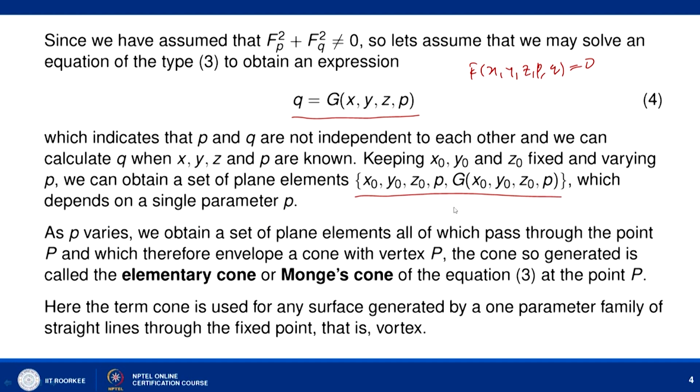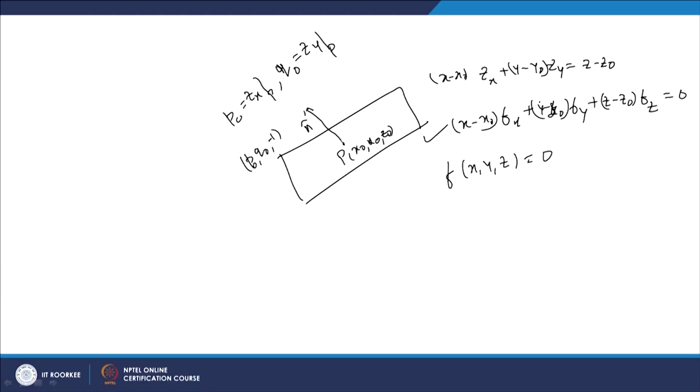For example, at this particular point, say x0, y0, z0, you take a p and you get a value of q, and you vary your p, then you have different values of q. So, we can have different values of n here.